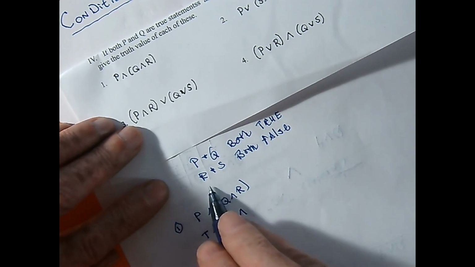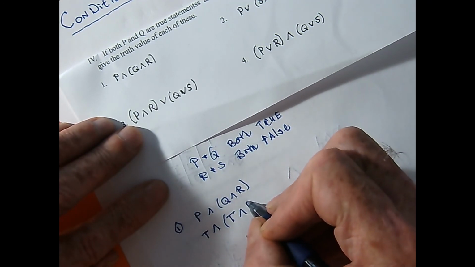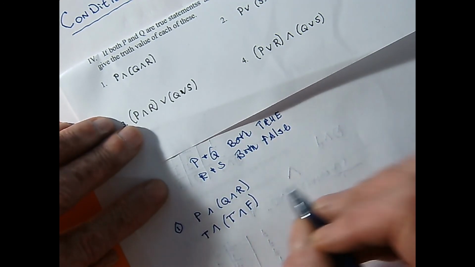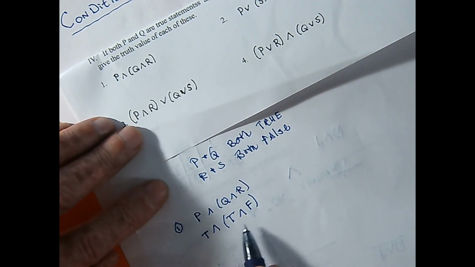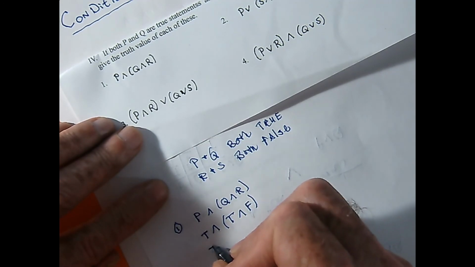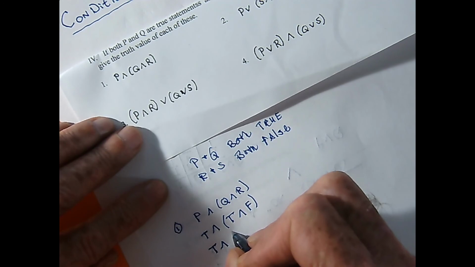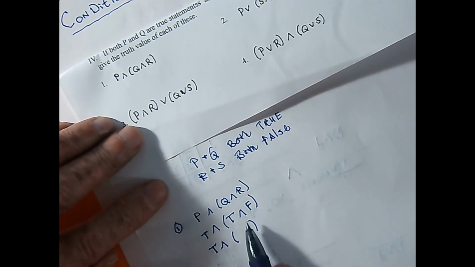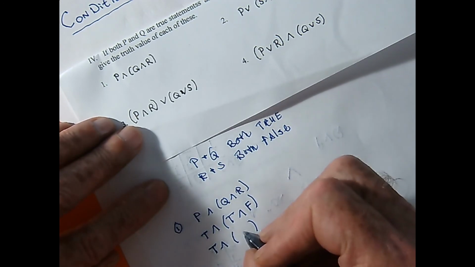But now R was false, I'll replace that with an F. So I just made a little substitution. But in symbolic logic, like in algebra, you'll do what's inside the parentheses first. So we should keep this true just as it stands for now. Keep the and as it stands for now. But then replace this conjunction, an and statement, when part is true and part is false. We should know that that would be considered false.